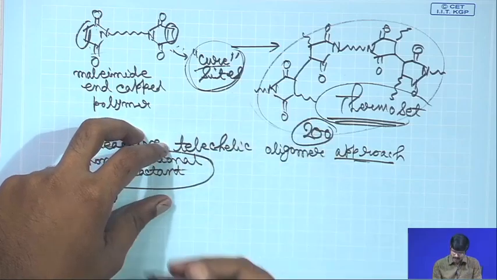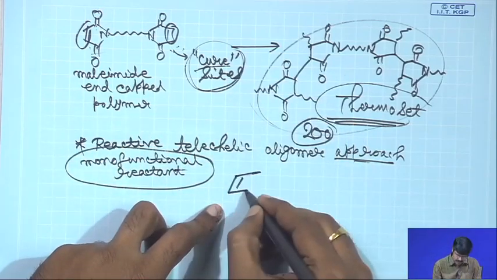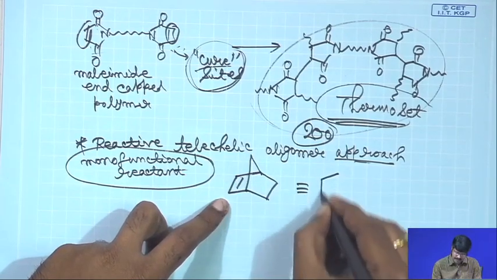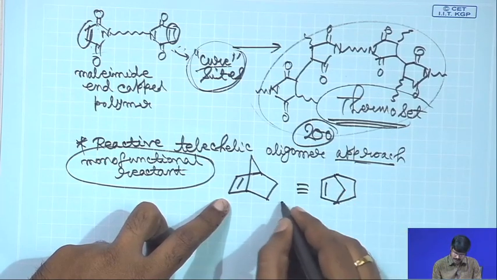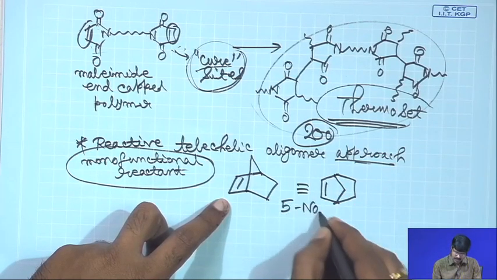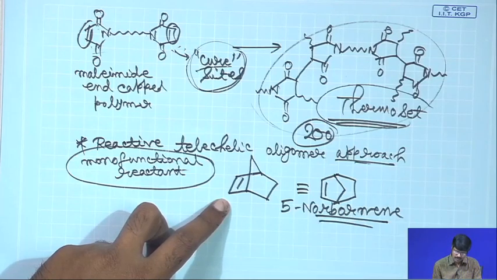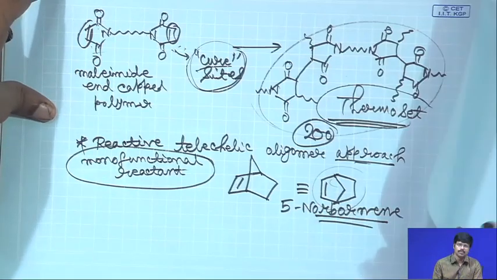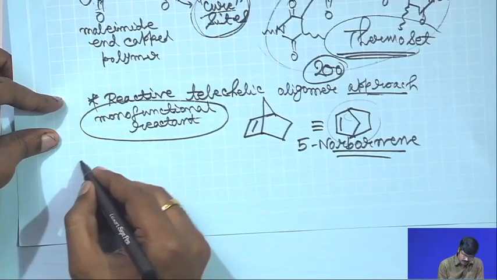So, you can have cross linking, you can have chain extension, example being this cyclic material, which you can also draw as this. It is a highly strained system. This is actually 5-norbornene. Okay. So, what you can do with this?